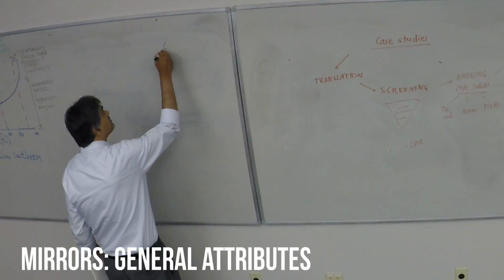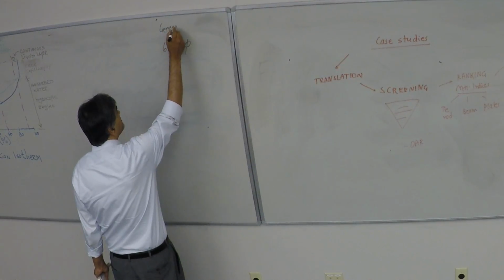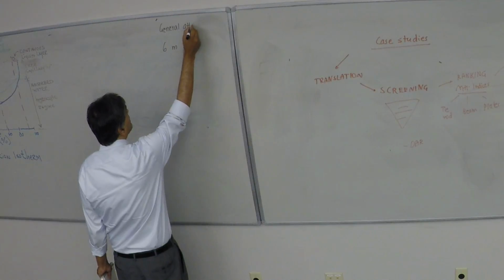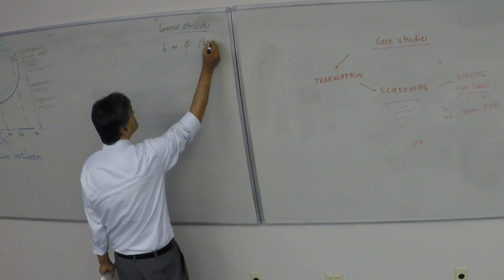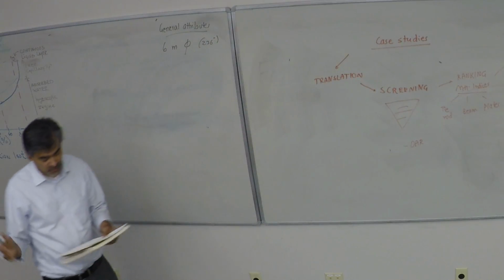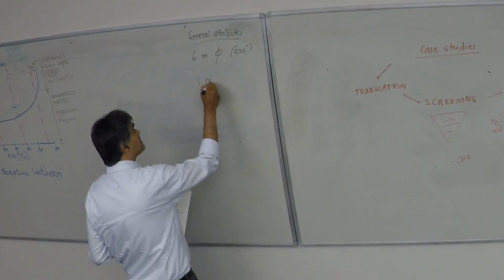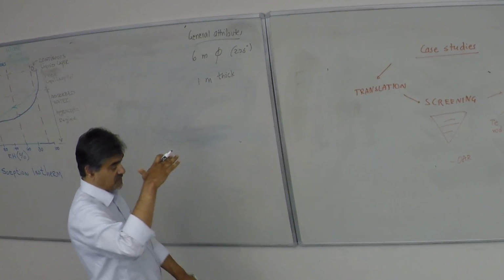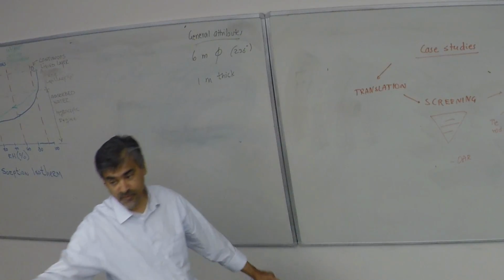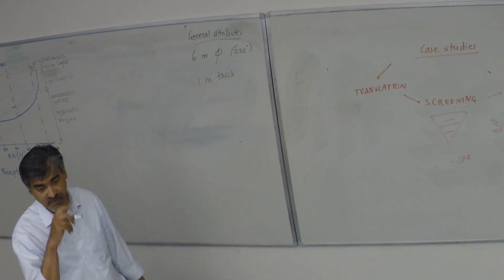So this is what I'm calling general attributes. 6 meters is 236 inches in diameter. So it's huge, right? And it is about 1 meter thick. Why should it be that thick, you think?